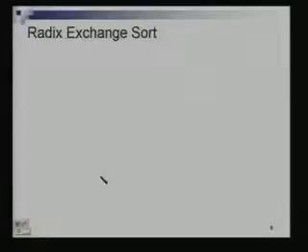I'm going to talk of two variants of radix sort. One is called the radix exchange sort. In radix exchange sort, we are going to examine the bits. I'm going to assume that the keys we are trying to sort are numbers represented in binary, and I'm going to examine the bits from left to right. Let's also assume that each of the numbers has a fixed representation, expressed in the same number of bits.